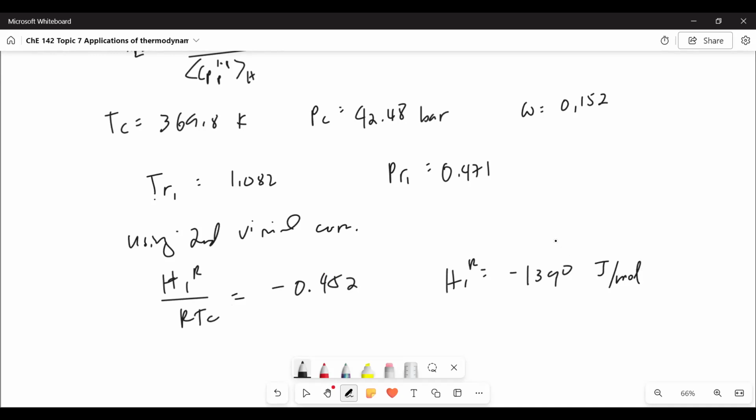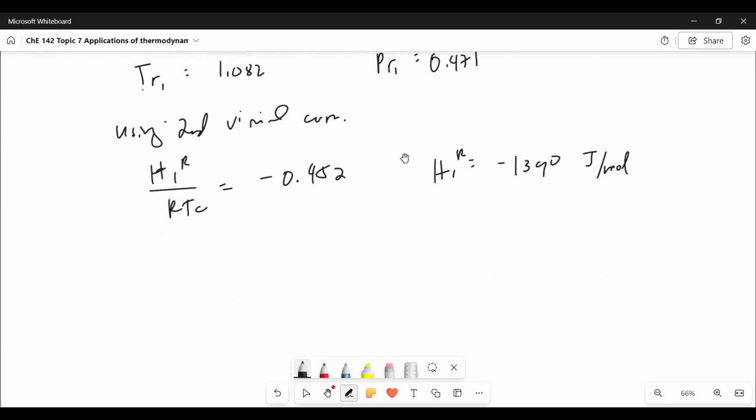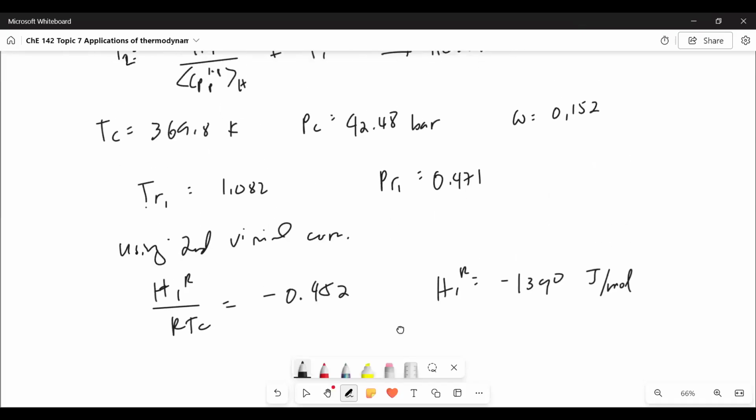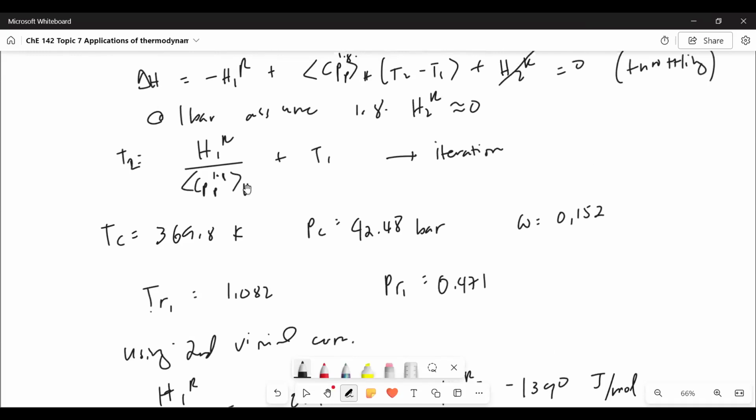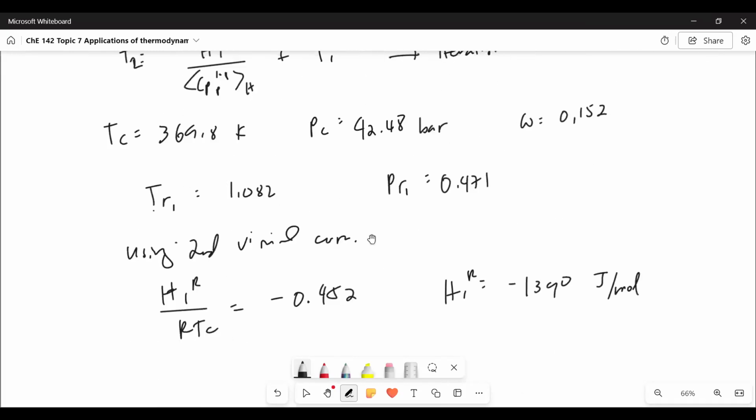So what's next? The next thing to do is go back to this equation. Now you have a value for H1R. We need a value for CP, the heat capacity. So what do we do?